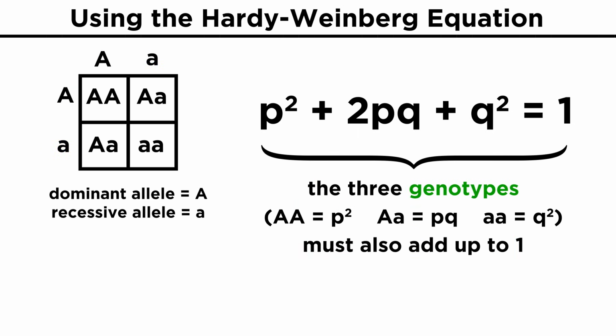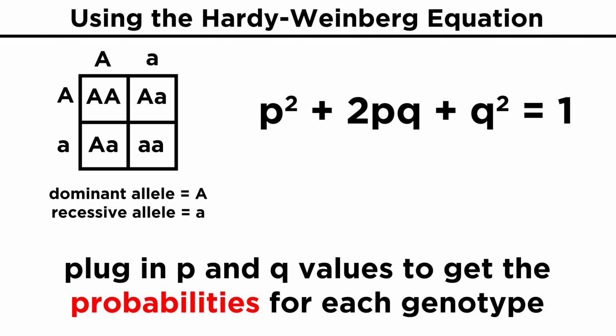The three genotypes must also add up to 1, so if we make a Punnett square, we should expect that the frequency of homozygous dominant, or P squared, plus twice the frequency of heterozygous, or 2PQ, plus the frequency of homozygous recessive, or Q squared, will add up to 1, as these are the only three possible genotypes, and we can plug in our P and Q values to get the probabilities for each genotype.